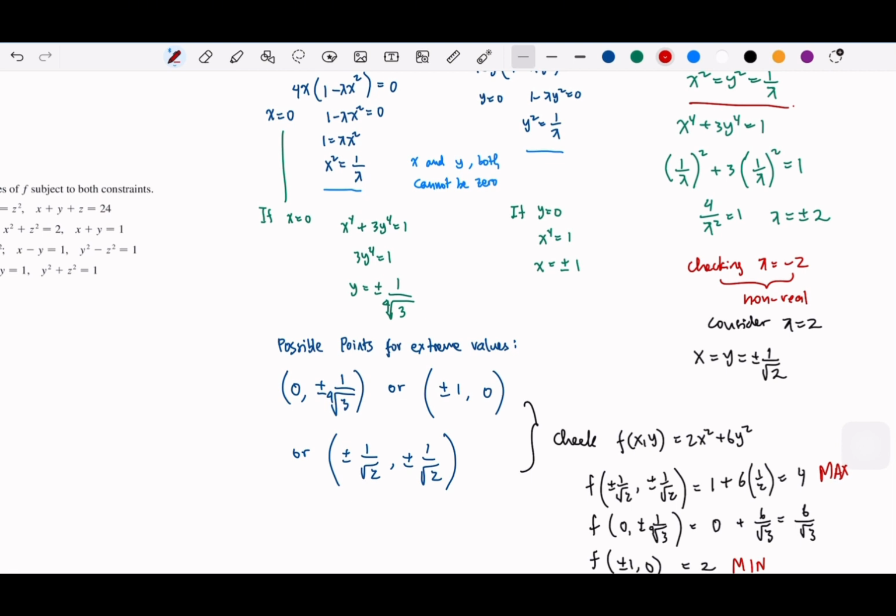And whenever you have possibilities like this one, you need to check whether they make sense in the system or not. For example, this part here, we can have lambda positive or negative, but if we check the system, it will not allow you to have a negative, because on the square, it will have an imaginary number if we choose negative.